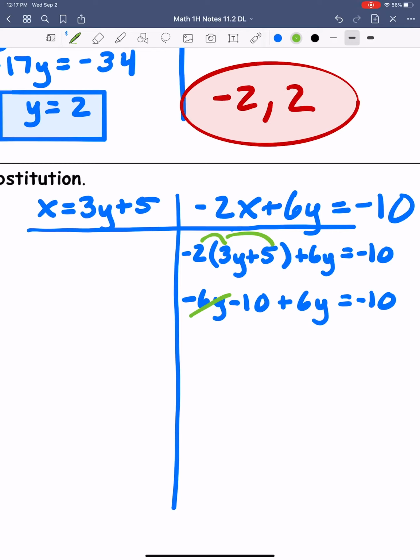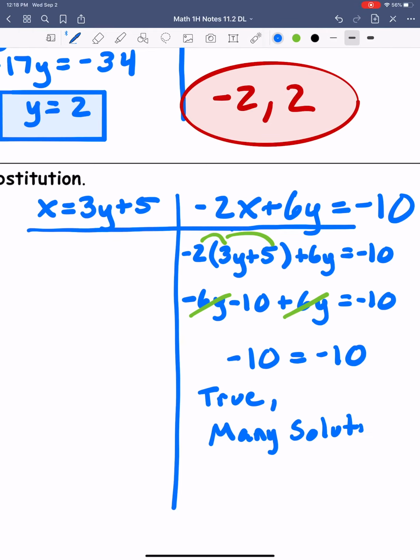Because negative 6y and positive 6y cancel out, and they're just leaving me with negative 10 equals negative 10. Okay, we've seen something like this before. If all my variables cancel out, then I have two options, either no solution or infinitely many solutions. So we decide, is this true or false? Well, this is a true statement because negative 10 does equal negative 10, which means that I have infinitely many solutions.